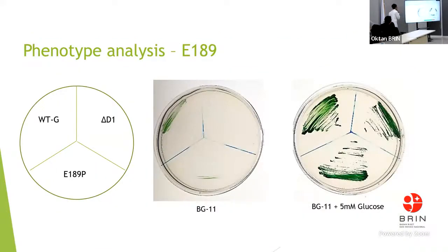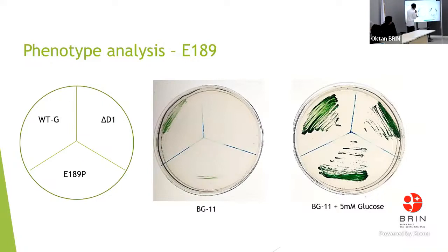Okay, this is the phenotype analysis of the E189 mutants, because previously we didn't select for phototrophic growth. To select for phototrophic growth, we just grow in media without glucose. If it grows without glucose, it means that it could photosynthesize.